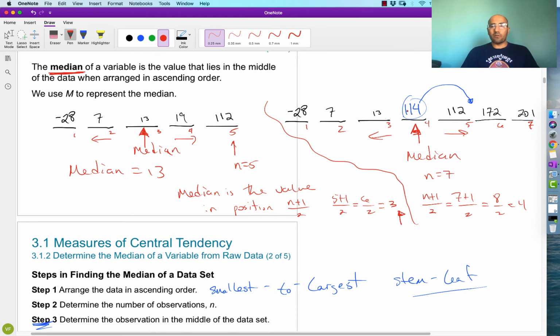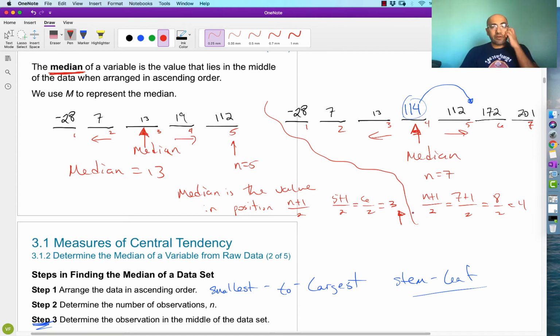The number 114 is the median. Keep in mind that the 3 is not the median, the 4 is not the median. This little formula just tells you the location where you can find your median. It's the value in the fourth spot, the value in the third spot. Okay, that works great as long as we have an odd number of entries.